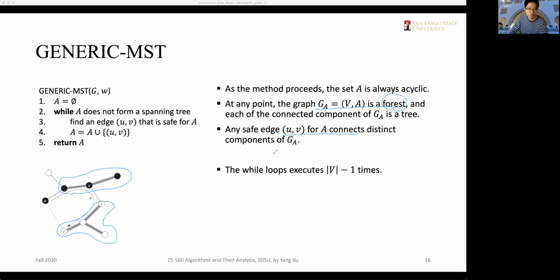Okay, so the while loop will execute V minus 1 times. Do you still remember this quantity V minus 1? It is for sure, because if we want to connect all the vertices in the graph, then the number of edges must be the number of vertices minus 1, because this is a minimum spanning tree that we are constructing.